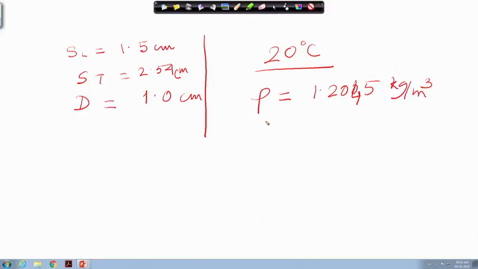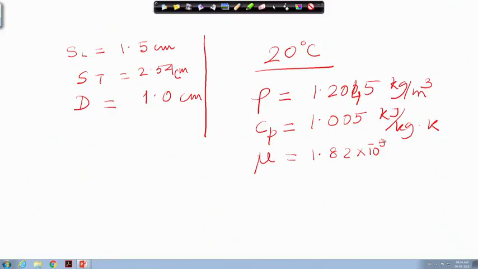Then we have the Cp, equal to 1.005 kilojoule per kg Kelvin. Then we have the viscosity, 1.82 into 10 to the power minus 5 Newton second per meter square.